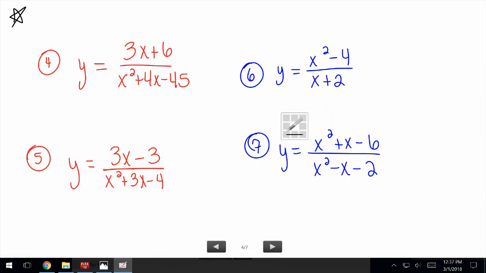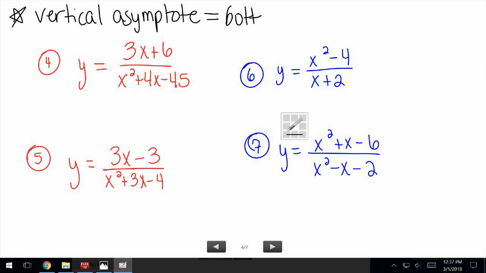All right. To have a vertical asymptote, that is where the bottom equals 0. Where the bottom equals 0, you got a vertical asymptote.